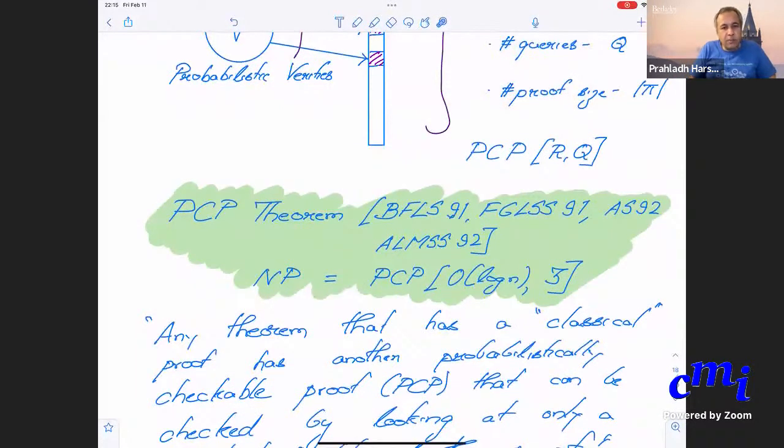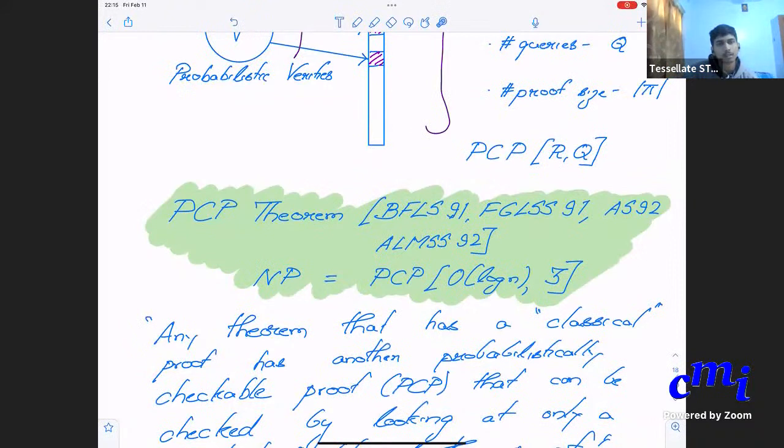So PCP will not capture anything beyond NP. It's not hard to show. You can only make the verification super efficient if it was efficient to begin with.